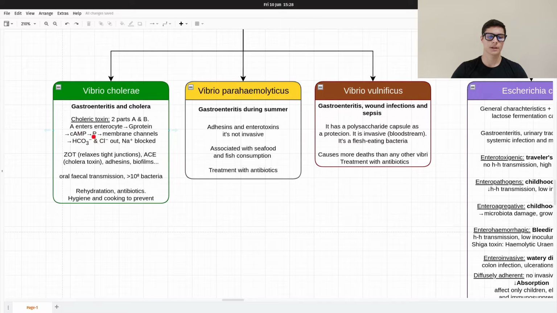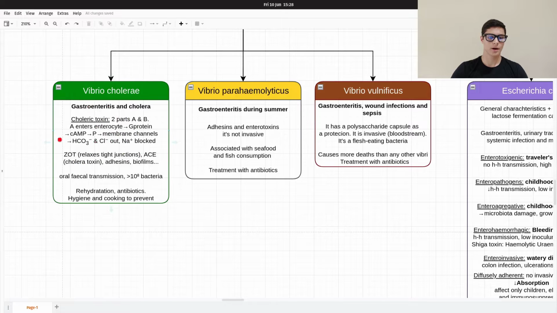It will phosphorylate proteins, and then it will open the membrane channels to let out the bicarbonate and the chloride, and it will block as well the entry of sodium. This will create a gradient outside the enterocyte in the lumen, and the water is going to follow that gradient to reach osmosis, and the diarrhea will start to occur.